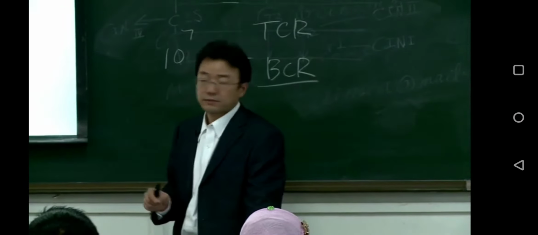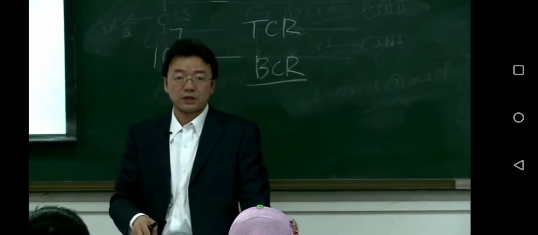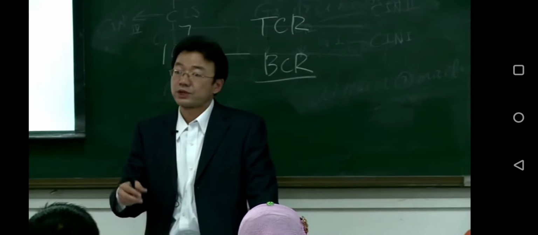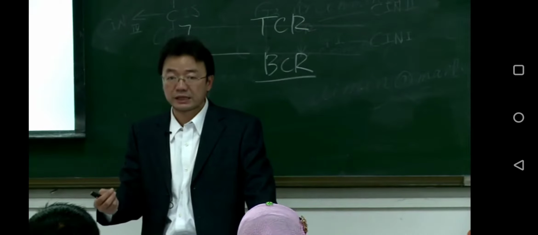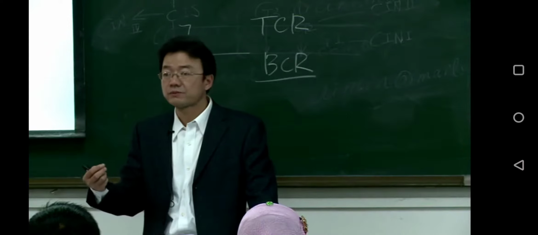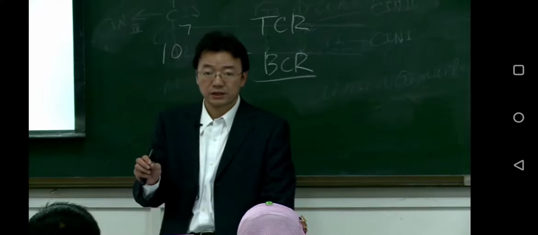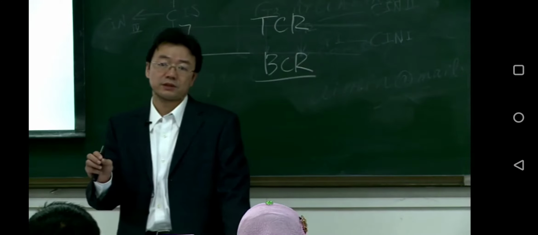During the development, the T cell receptor and the B cell receptor genes are expressed completely. And in this case, the genes from the germline rearrange, so the product is quite different.